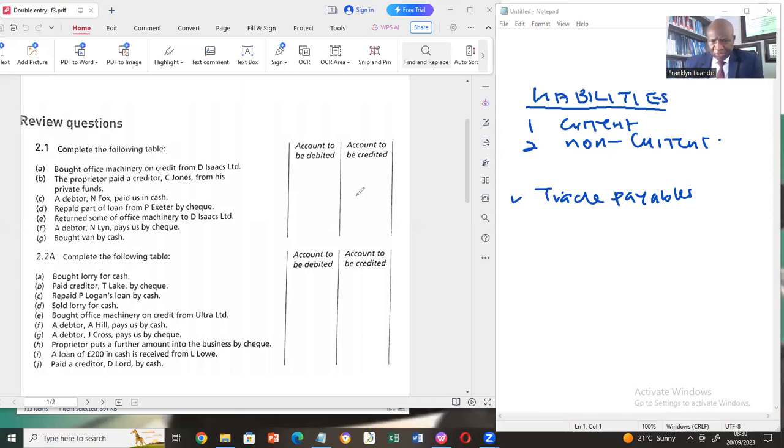Number 2, we have bank overdraft. The bank overdraft is a current liability. Bank overdraft, we are owing the bank for overdrawing our account. We've been allowed to overdraw our account. So that is the amount that should be paid to the bank within a period of 1 year.